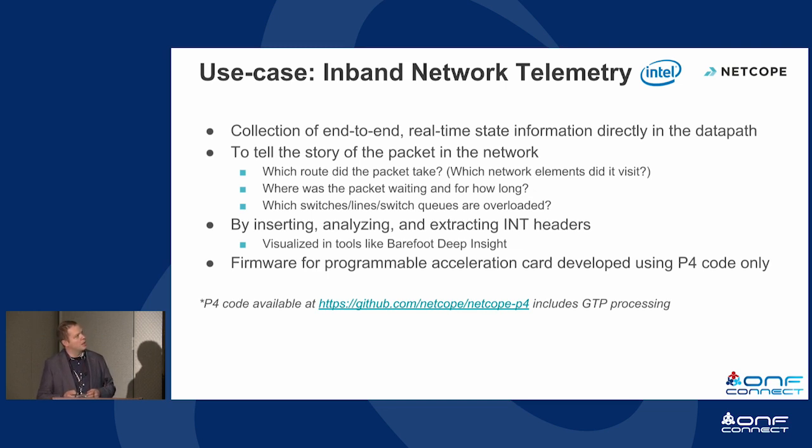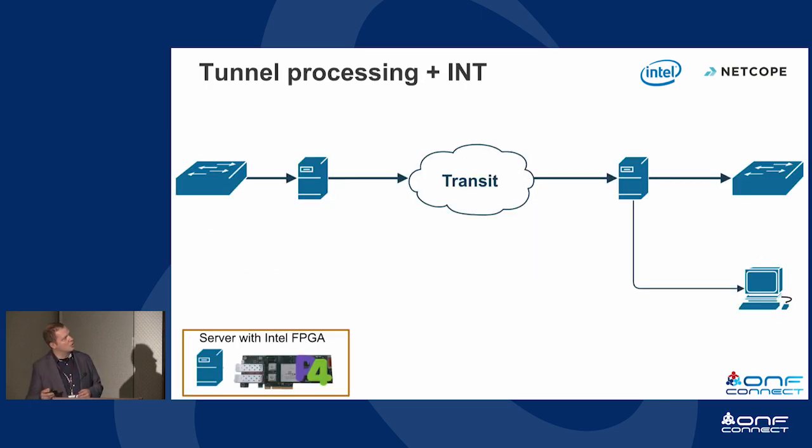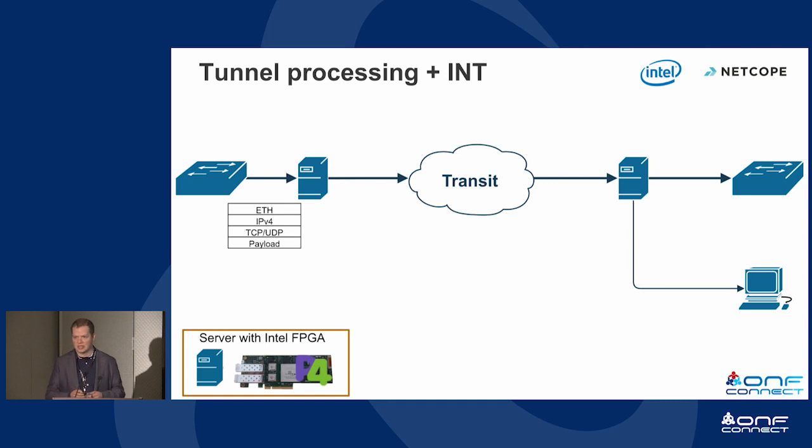And not only did we do the INT, but we also combined it with some tunnel processing. So we created a demonstration which handles packets in the following way. At the beginning, we have a simple packet: Ethernet, IPv4, TCP, UDP, and the payload. And we apply INT source, INT transit, and GTP encapsulation on that packet.